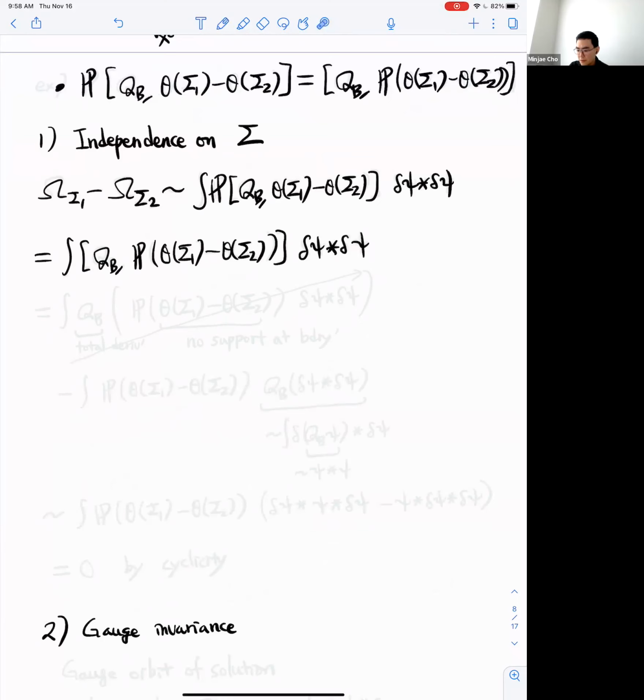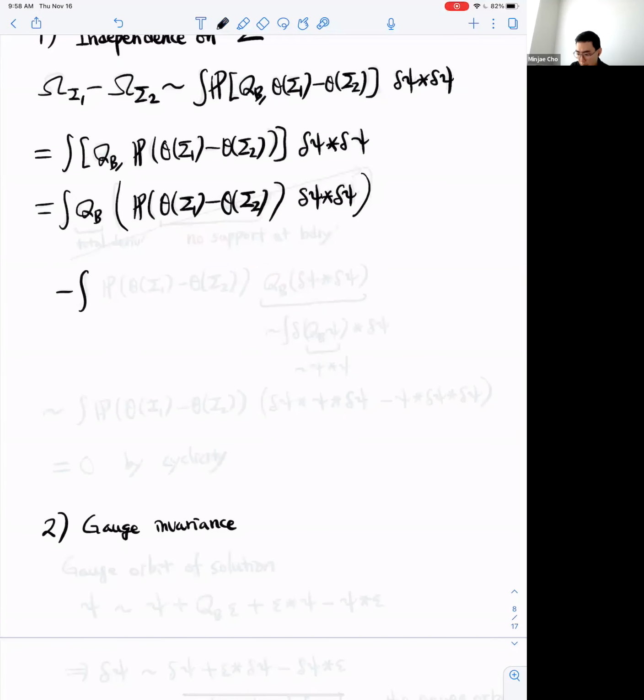I didn't do much, I just moved it inside. And then this Q_B, which is now acting only on this one, we can move to the other factors at the cost of introducing a total derivative. So now, at the cost of introducing the total derivative, we moved Q_B to act on the open string field insertions.